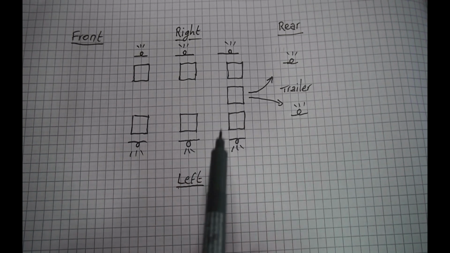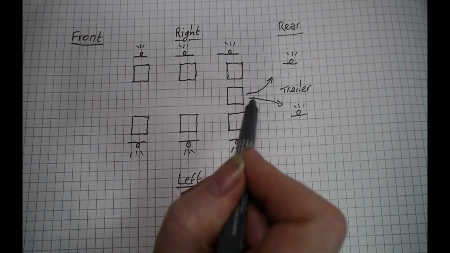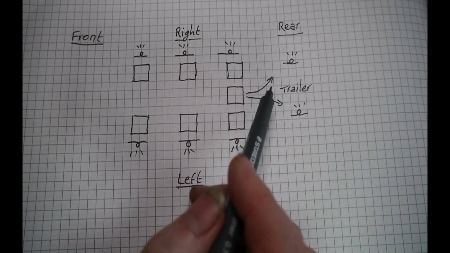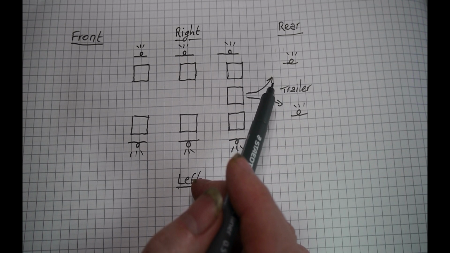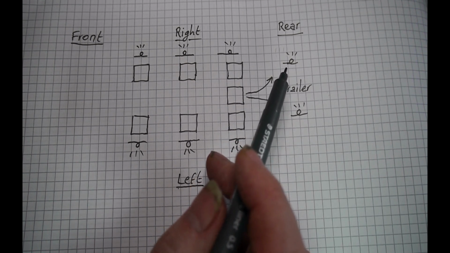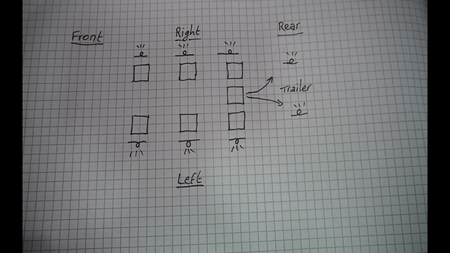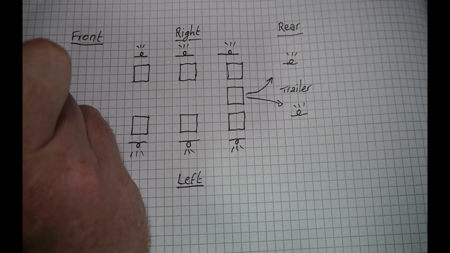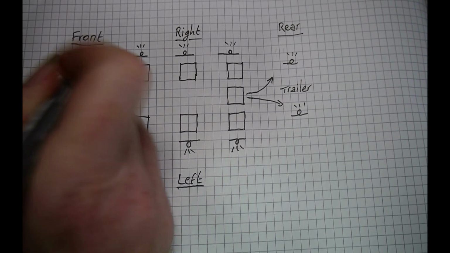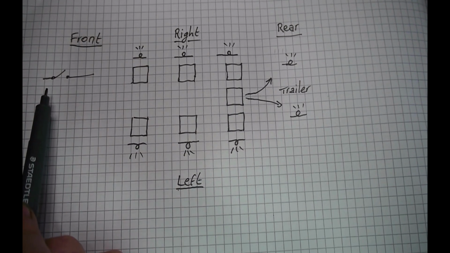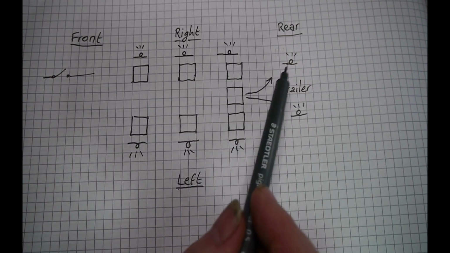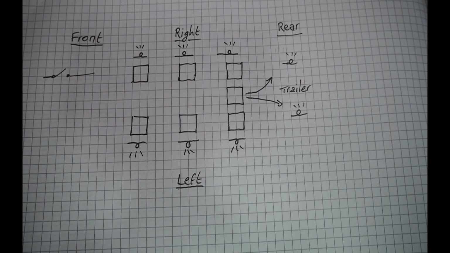But you've also got a trailer socket, so that if you're pulling a trailer, you're connected to the lights there as well. So you've got another connection there. And if somebody connects a switch for the right indicator, you want all three light bulbs plus the trailer to illuminate, flash at the same time.